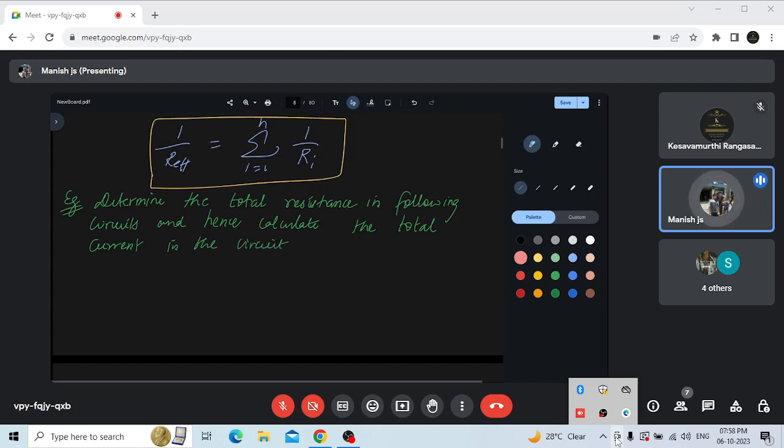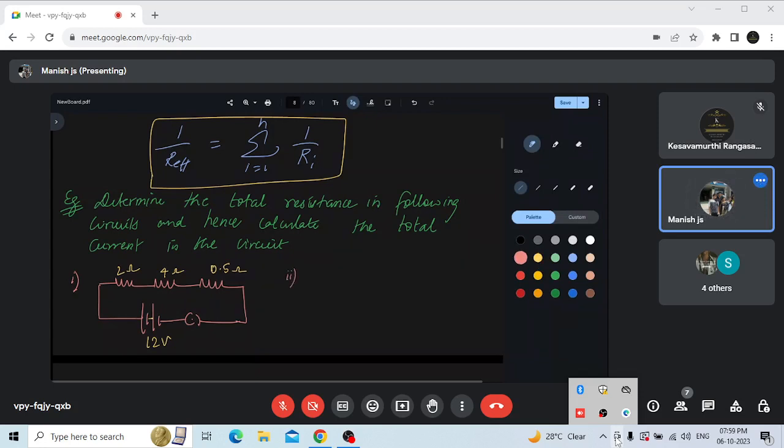I'll give you different circuits. This is the first circuit.